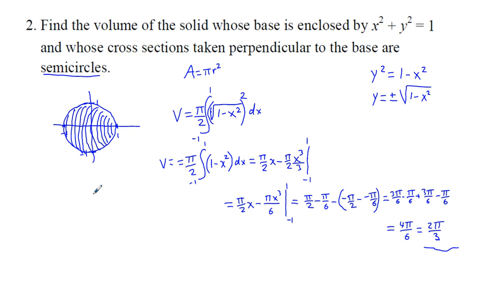Now it so happens that if we understand that the volume of a sphere is equal to 4/3 pi r cubed, we can get this volume without using calculus, really, by taking 4/3 pi, and r in this case is 1, and we're dividing by 2 because we only have a hemisphere, so we're going to get 4 pi over 6, which is the same as 2 pi over 3.